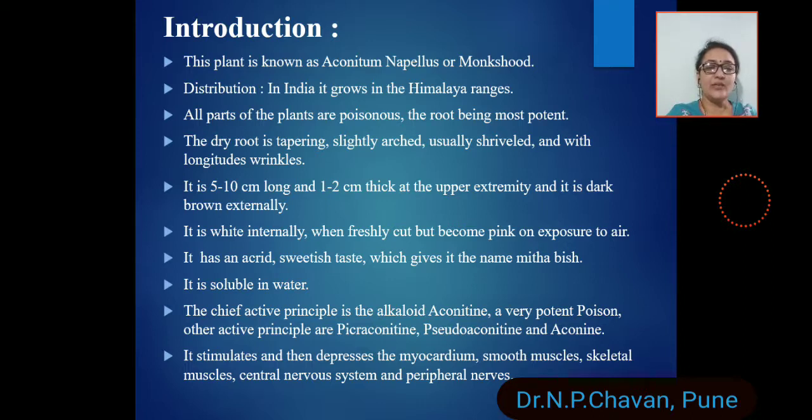It is soluble in water. The main active principles of aconite are the alkaloids: aconitin, a very potent poison, and other active principles picraconitin, pseudoaconitin, and aconine. These are the main 4 active principles of Aconitum napellus.